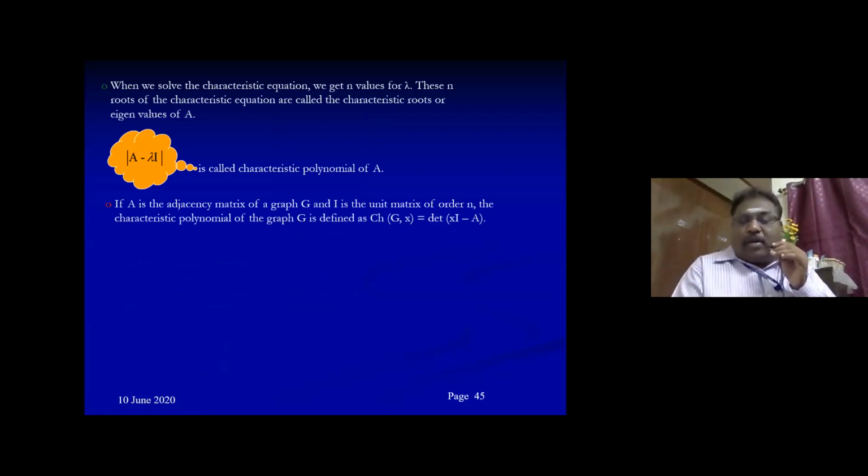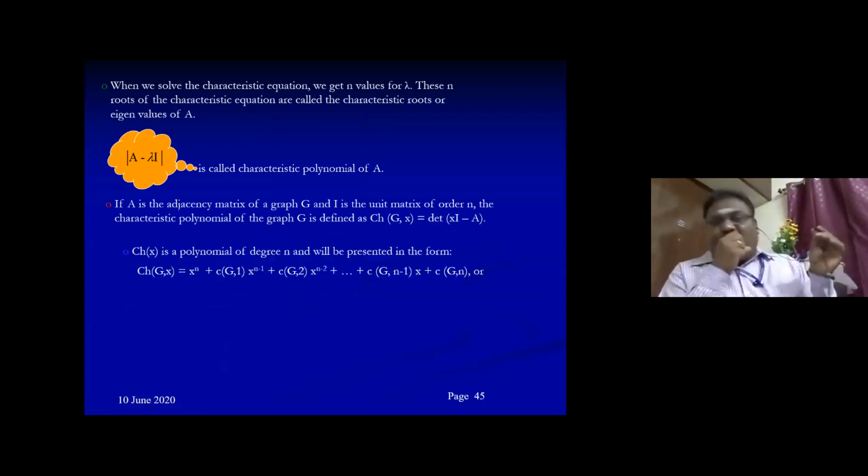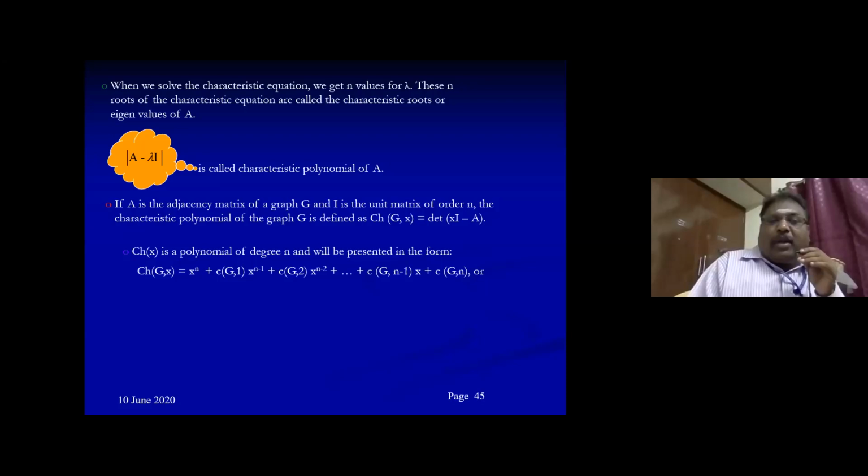Here we are taking the adjacency matrix of the graph G, and I is the unit matrix of order n. So determinant of xI minus A. Fine. So the characteristic polynomial, we are having this type of notation. Ch G of x is x power n, plus the coefficients c1 x power n minus 1, c2 x power n minus 2, and so on.